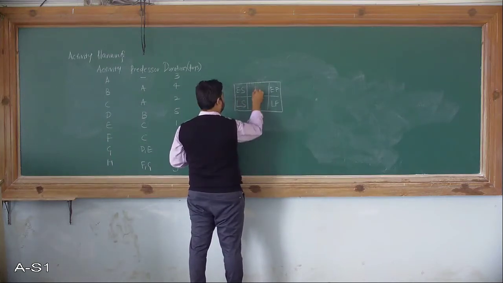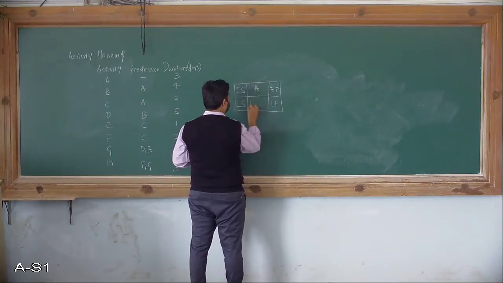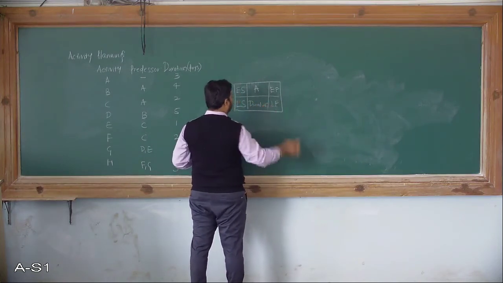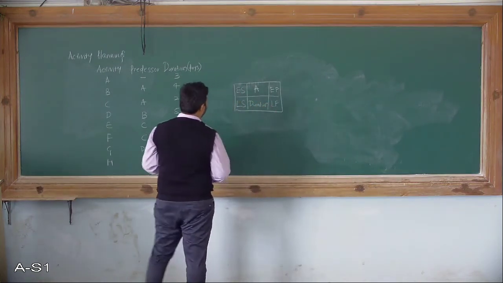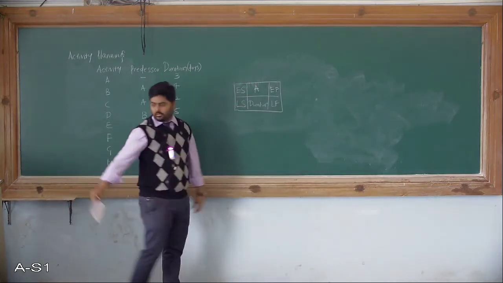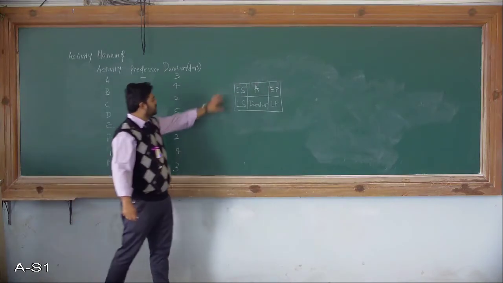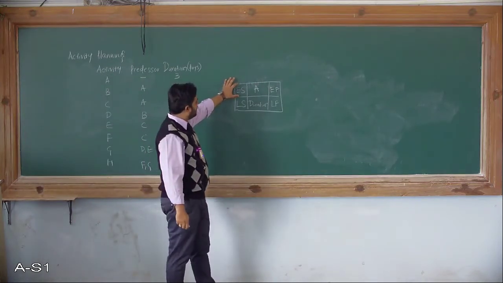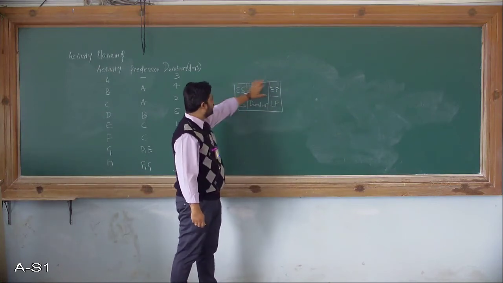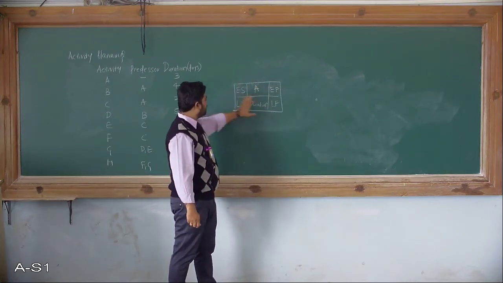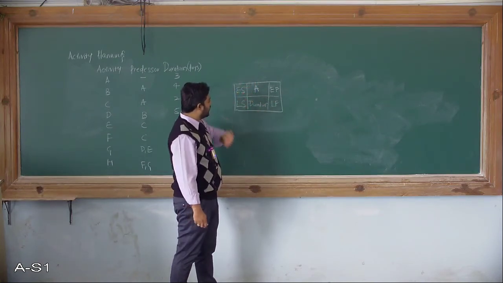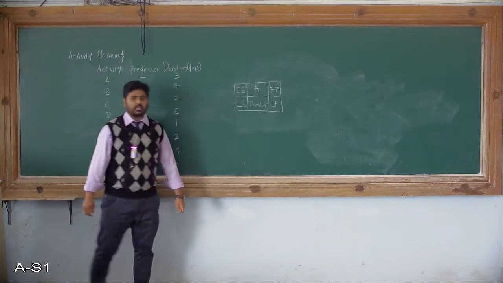Then this is the activity, and this is the duration allocated for that particular activity. So in this diagram we have early start, early finish, late start, late finish, the activity name, and the duration allocated to that activity.